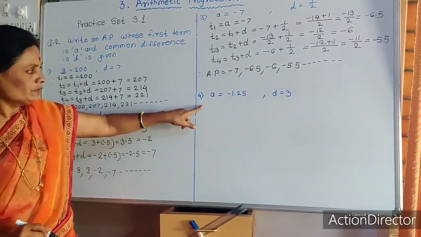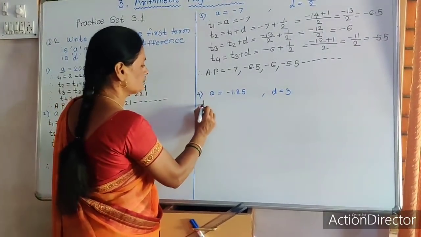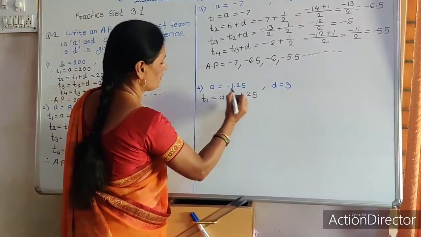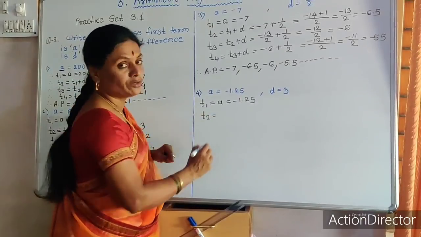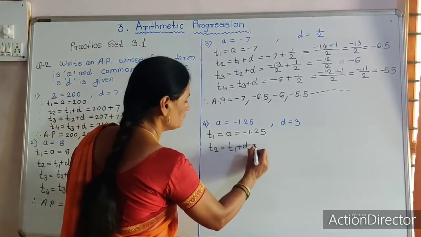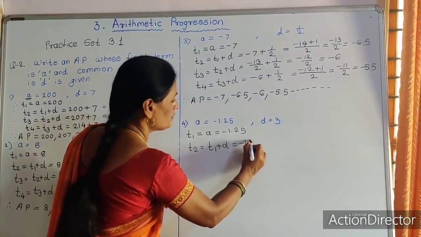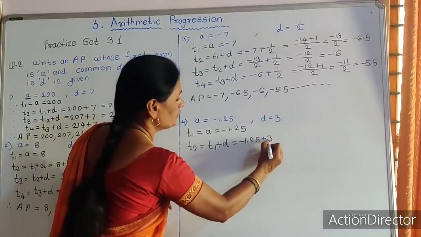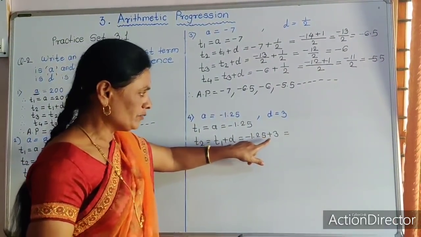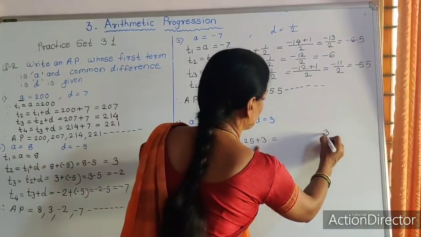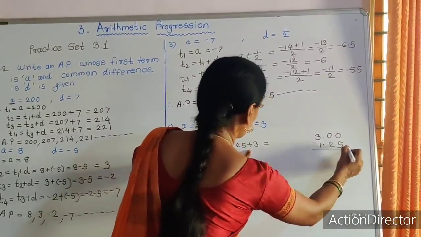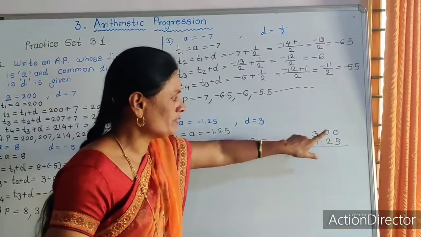In the last example, look here, A means T1. T1 is equal to A is equal to minus 1 upon 25. Now we find T2. T2 is equal to T1 plus D is equal to minus 1 upon 25 plus 3 is equal to. Now minus 1 upon 25 plus 3, here look here, minus 1.25 plus 3, and minus 1 upon 10.